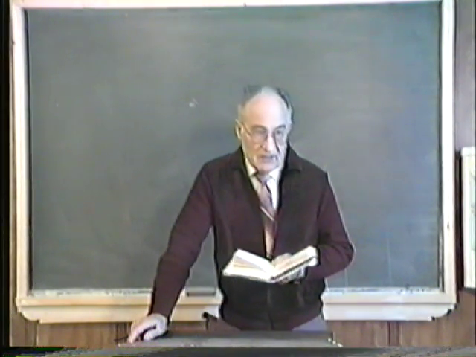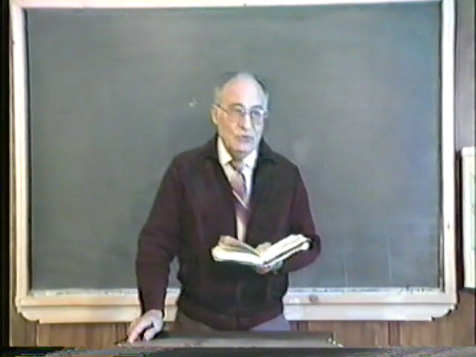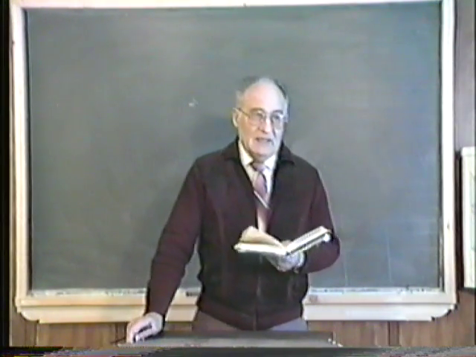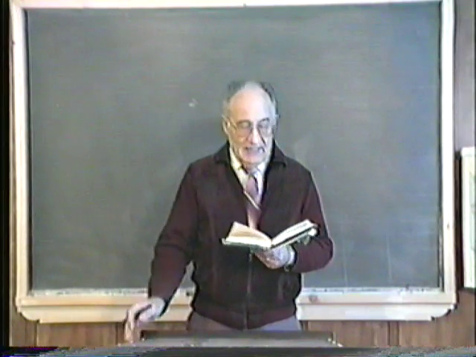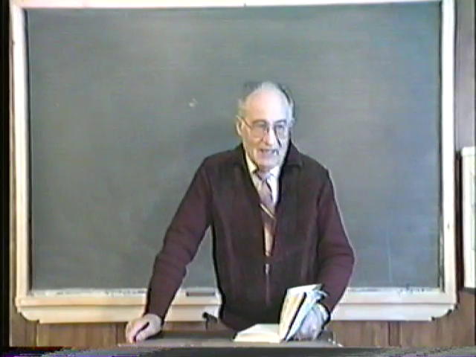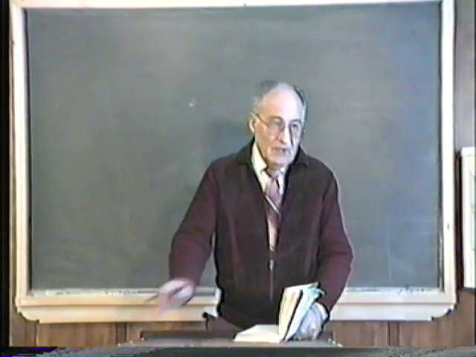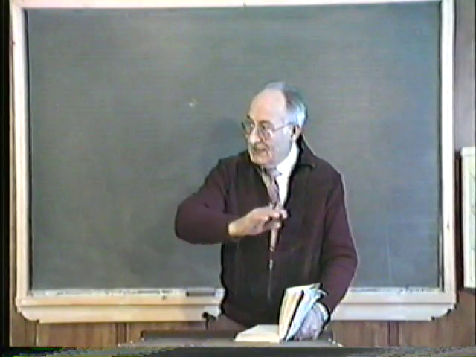Now aner is a third declension. Now the difference between these two Greek words basically is simply this. Anthropos looks at man from a generic point of view, often with reference to mankind.